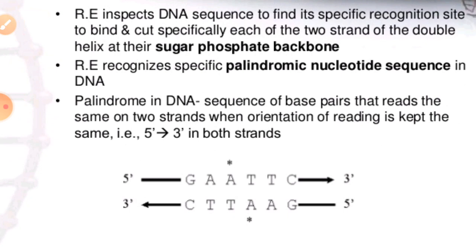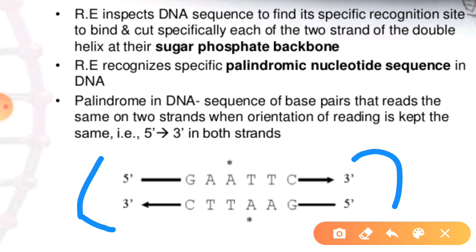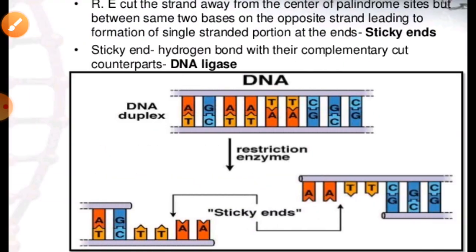Evenly we can say these restriction enzymes can recognize palindromic nucleotide sequences in the DNA, as you can see in the following situation over here, right. It is given here for real examples only.